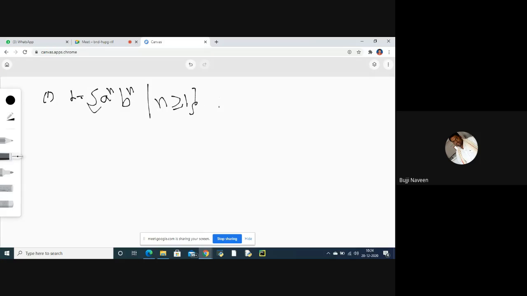So the language L is ab, a squared b squared, a cubed b cubed, a to the power 4 b to the power 4, and so on. This is the language. Now we need to construct the push-down automata for the language L = a^n b^n.